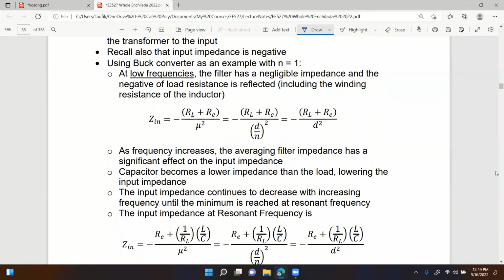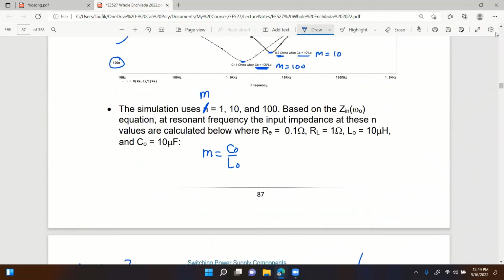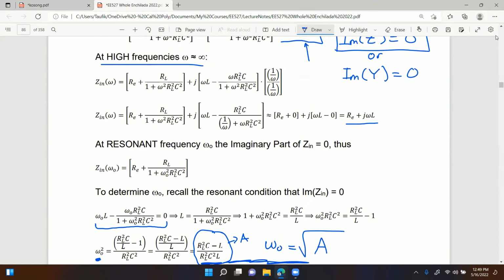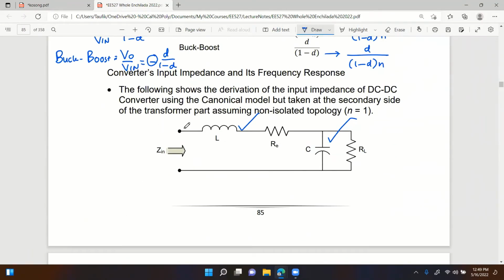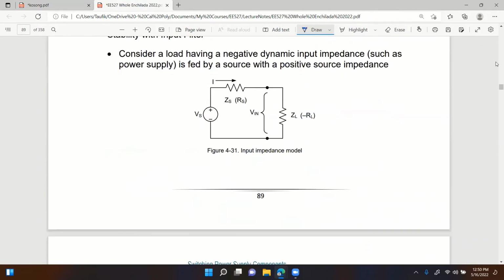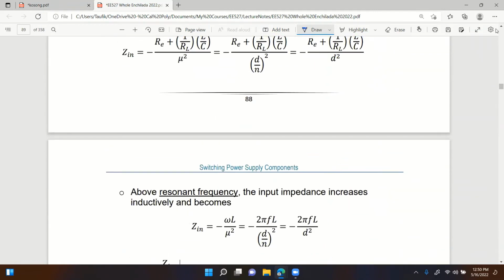And then again, if you reflect everything to the primary side, right? Over here, when we derived this equation, we reflected everything to the secondary side. That's why you don't see the transformer. Let me go back. See this? There's no transformer here. But if you reflect everything to the primary side of the transformer, then the equation would be this equation right here.